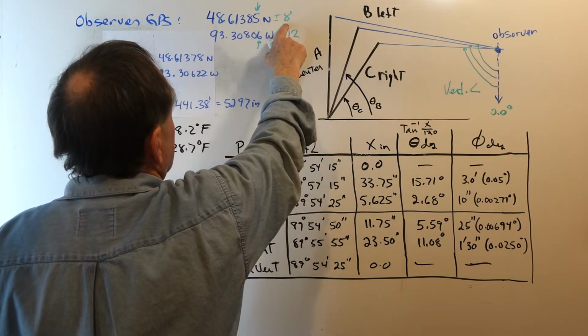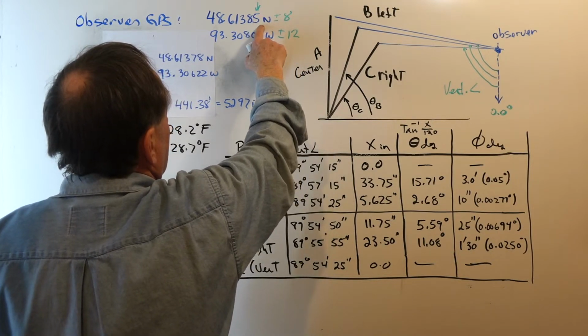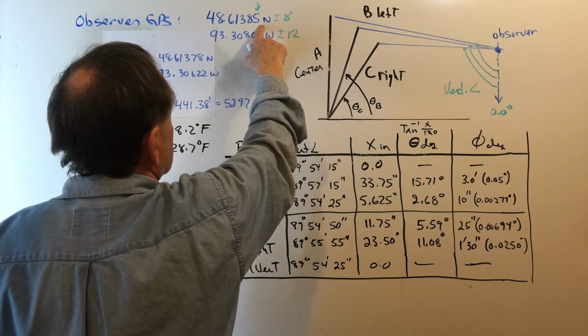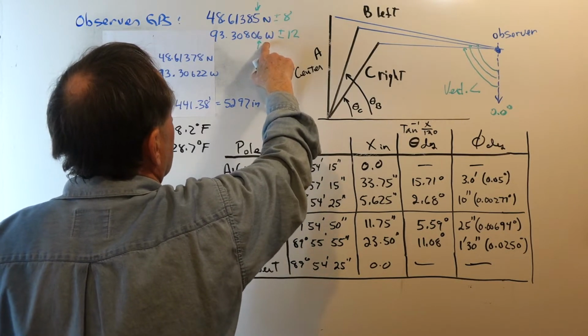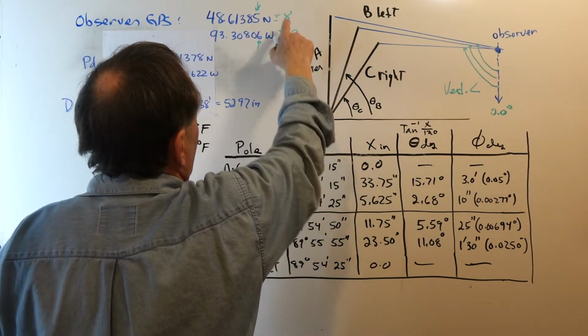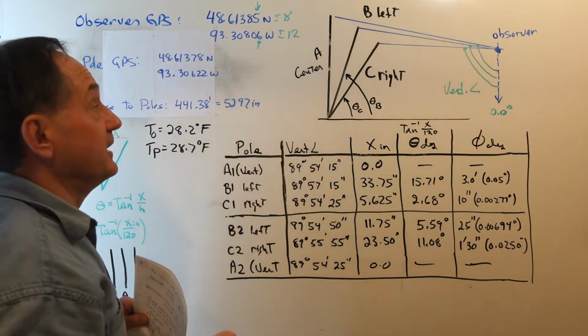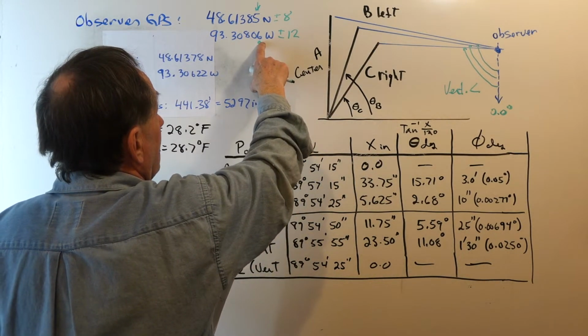So you can see that we have an uncertainty of about 30 feet in determining positions with the handheld GPS.